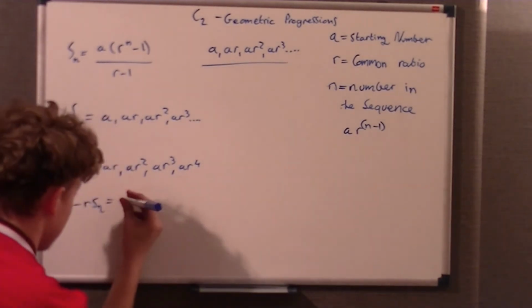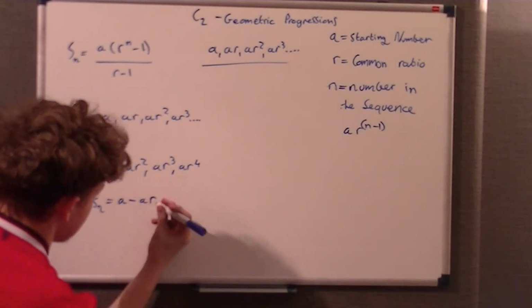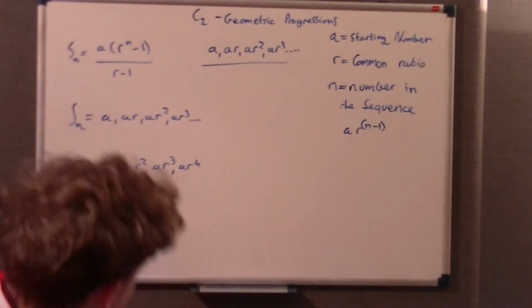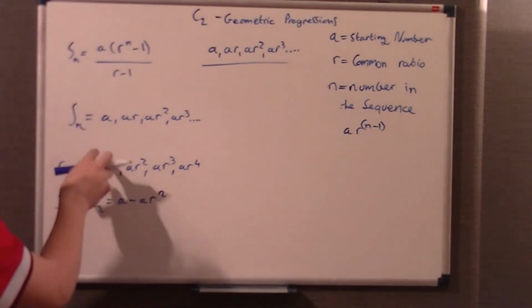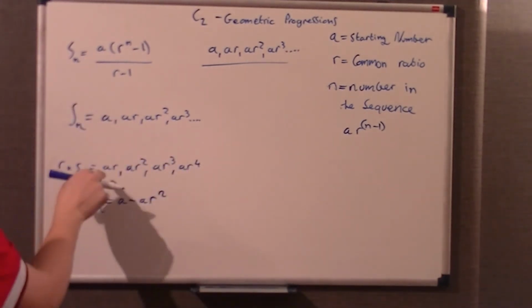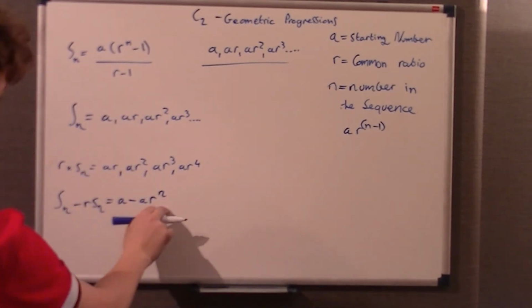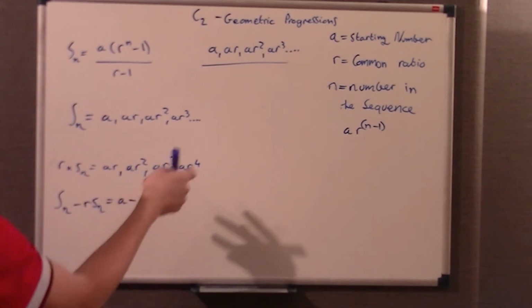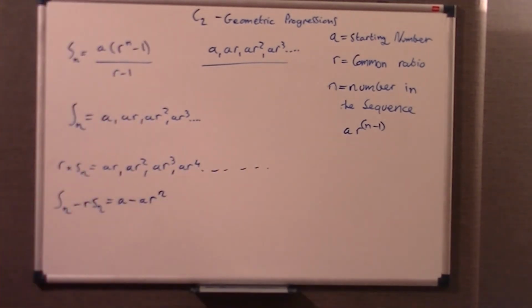And that gets you A take AR to the N. So basically, we multiply both sides by R, increase the power, and then if we carried on doing this, we'd get that. Basically, it's a simplified version, because this would carry on. We multiplied R by Sn, and we got these two, and we simplified it down.